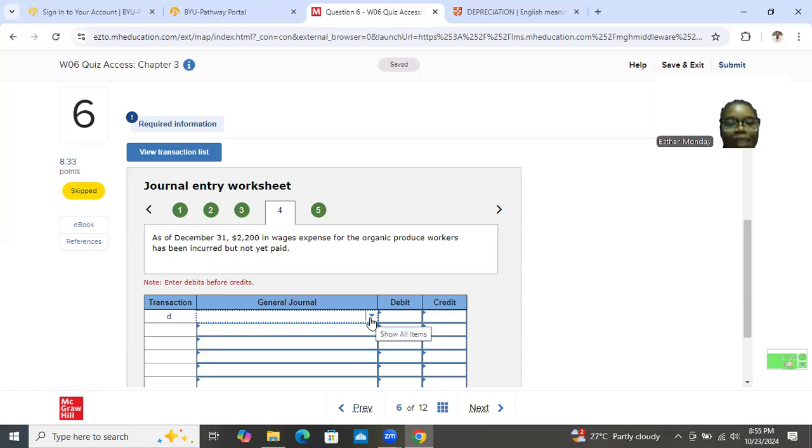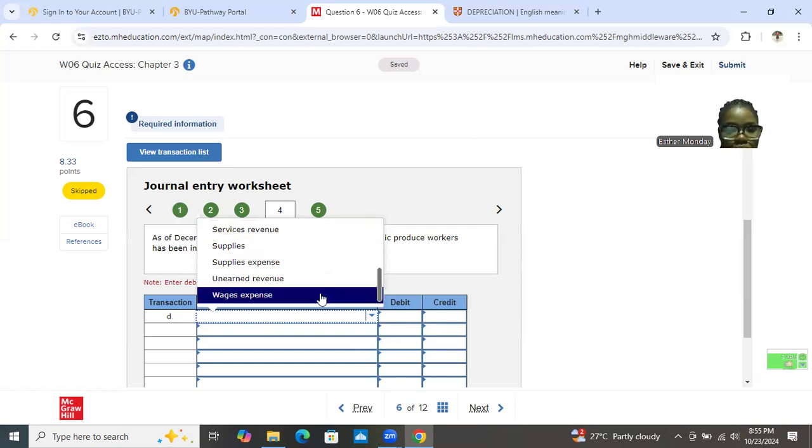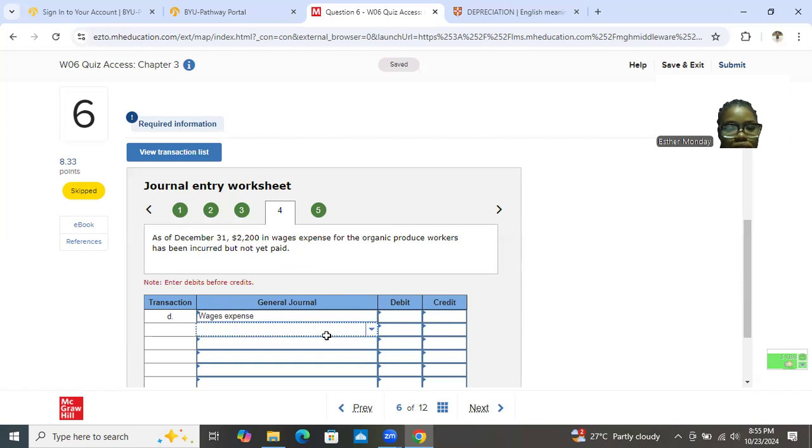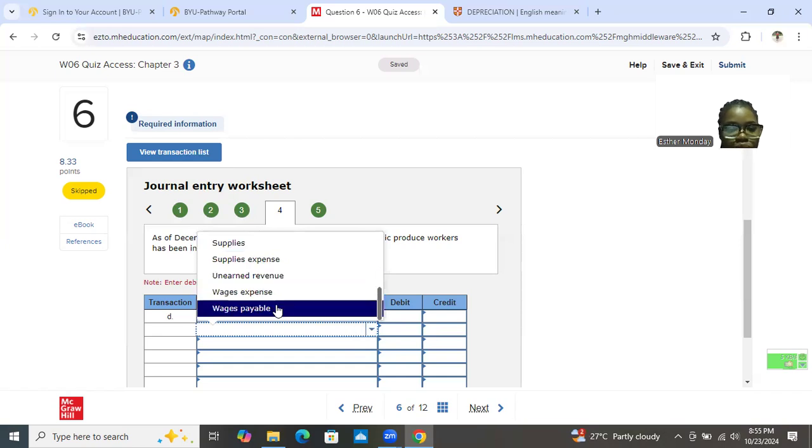Maybe they have an exact date that they are going to pay the money. So we are now going to enter our wages expense first, then our wages payable.